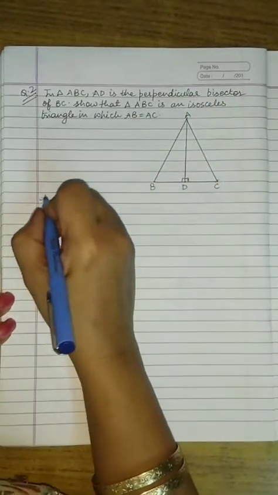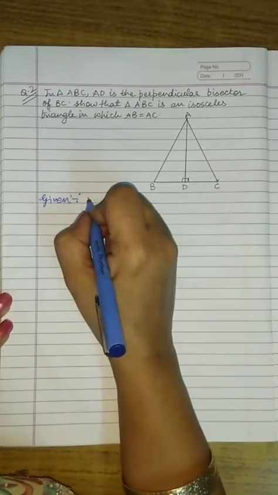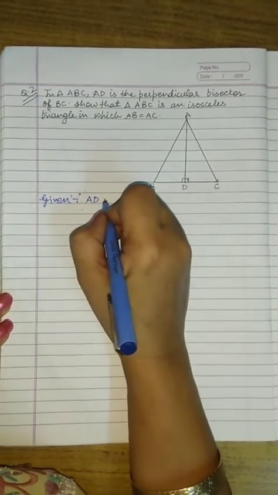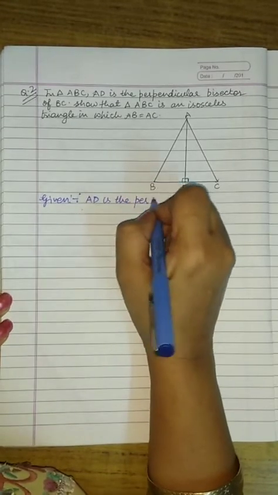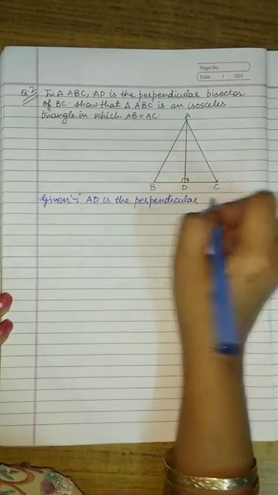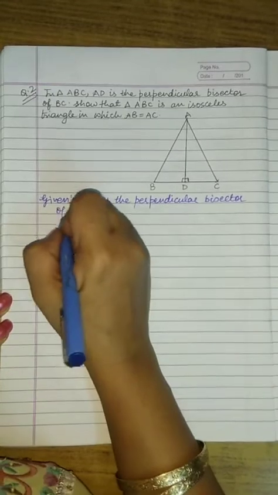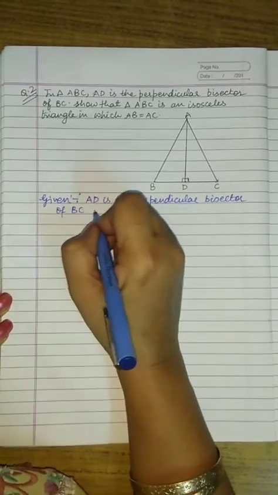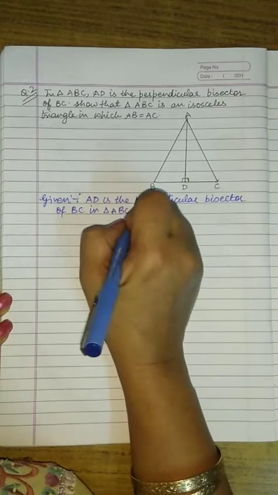So what is given in the question? Given is that AD is the perpendicular bisector of BC in triangle ABC.